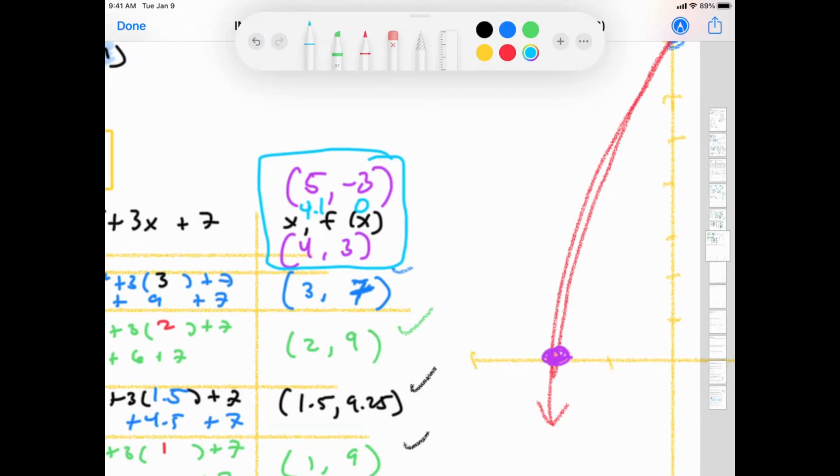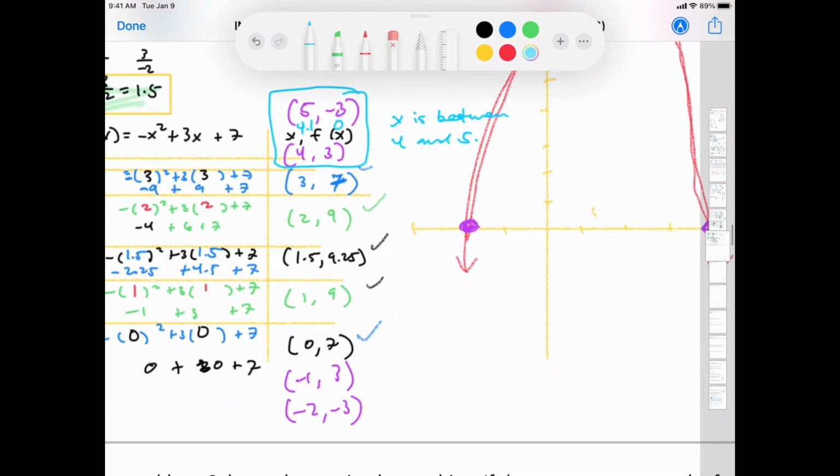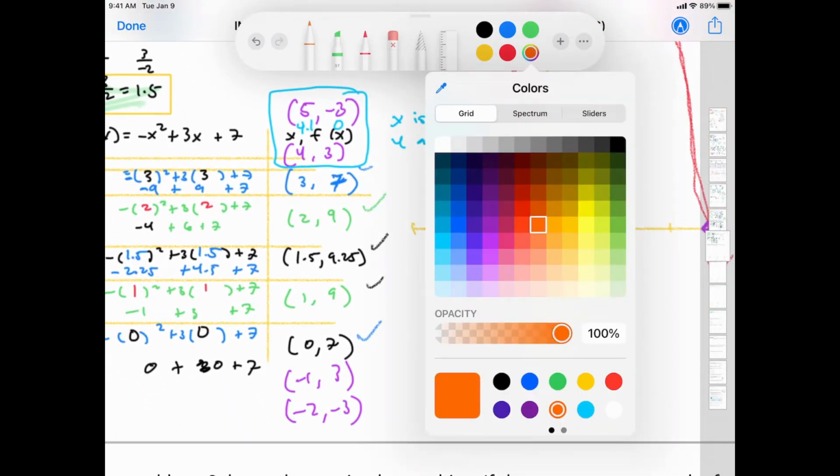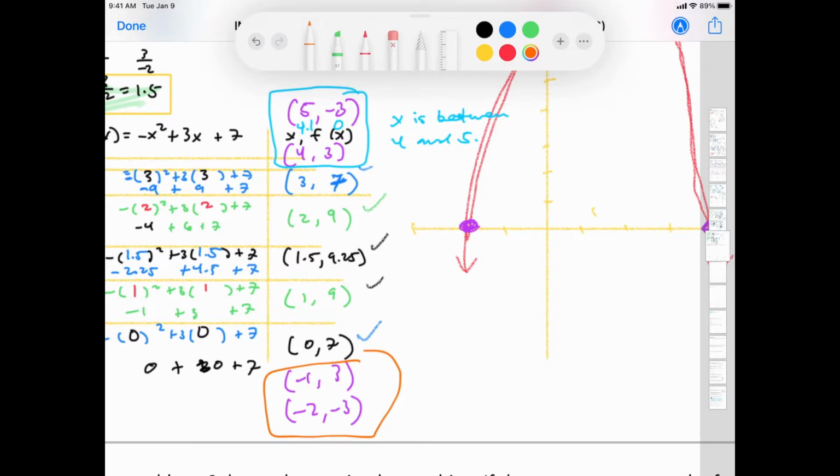My answer has to be between, let's write that, x is between 4 and 5. Okay, and the other one, x-intercept is between x equals -1 and x equals -2.